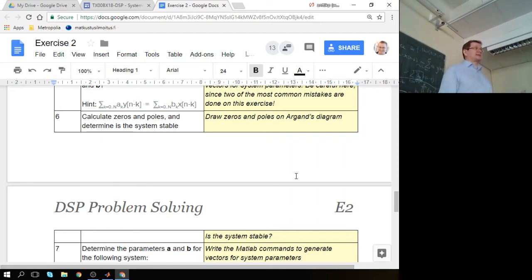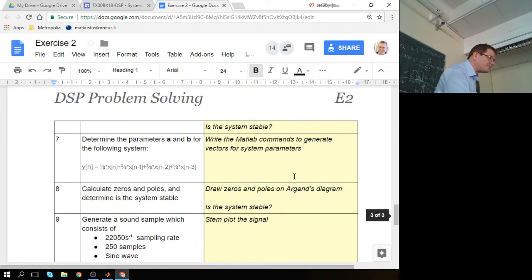The same as in the S-plane, all poles on the left-hand side of the S-plane. Right. A critically stable system would have a pole on the unit circle. But those are not too practical in the digital domain.